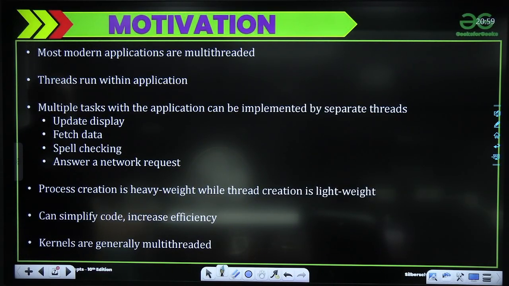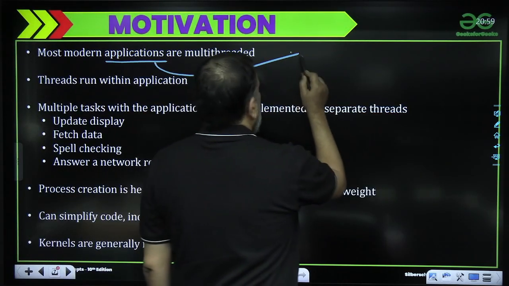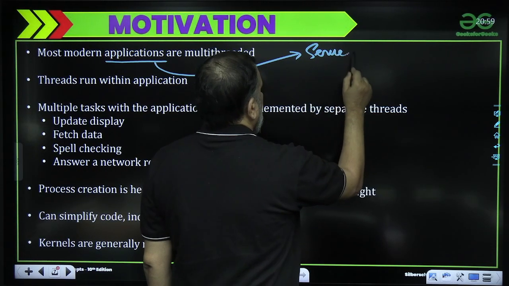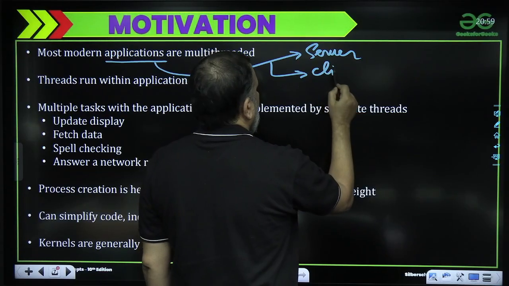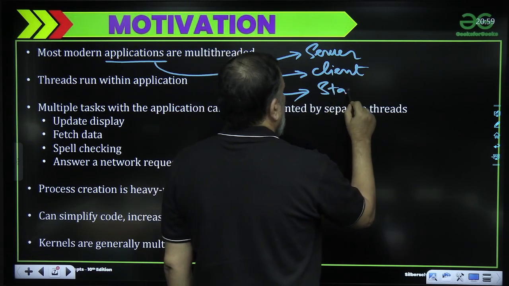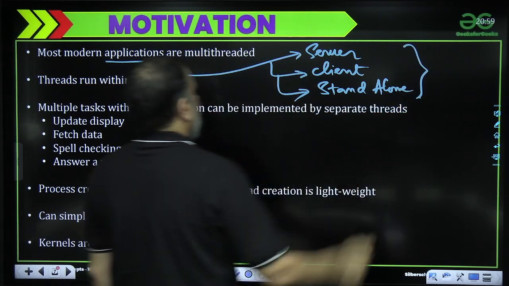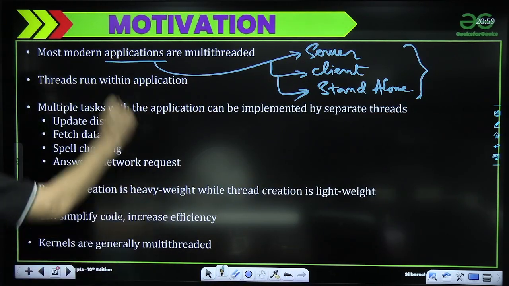So most of the modern applications may be standalone applications. Let me write, these applications may be server processes. These applications may be client processes, because multi-threading can be applicable at the client side also, or it could be standalone applications. So multi-threading is applicable at these three levels. They are multi-threaded.